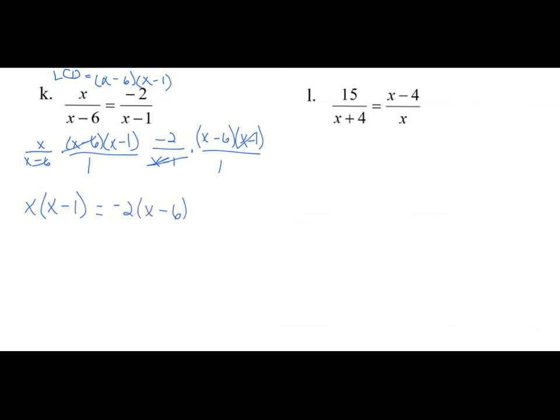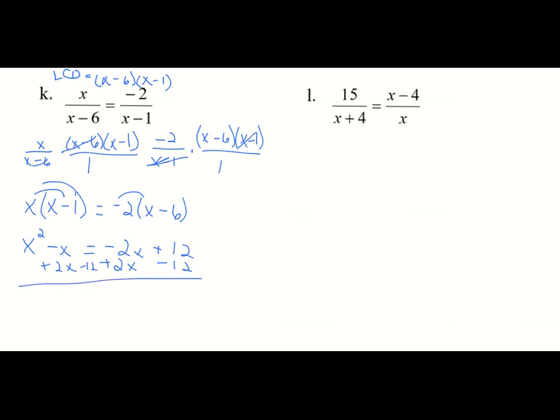Distribute, we get x squared minus x equals negative 2x plus 12. I do have a quadratic here, so I have to make it equal to 0. So let's add 2x to both sides and subtract 12.